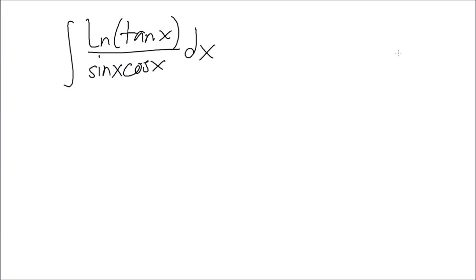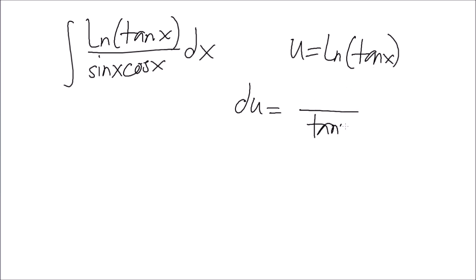Okay, so I want to experiment with the derivative, right? Is this a sneaky u substitution that I don't know about? So let's experiment. Let's try u equal ln of tangent x, right? Because this seems kind of easier to experiment with. So then du, if I derive this, I get 1 over tangent x times secant squared x.